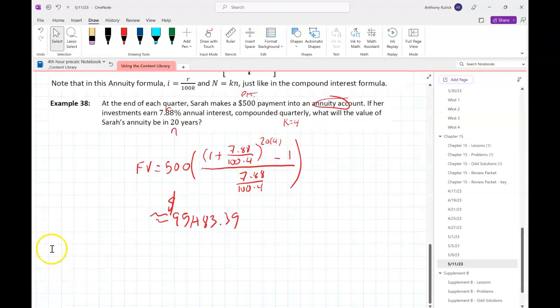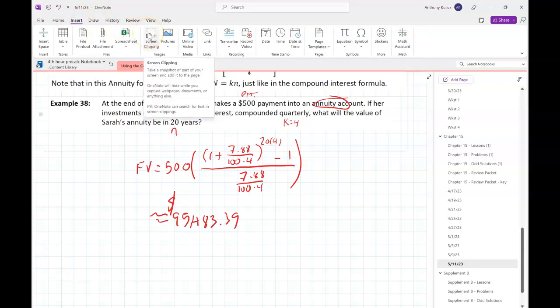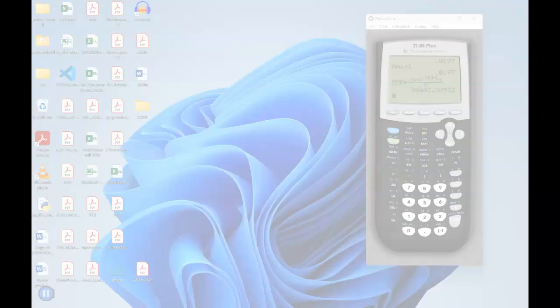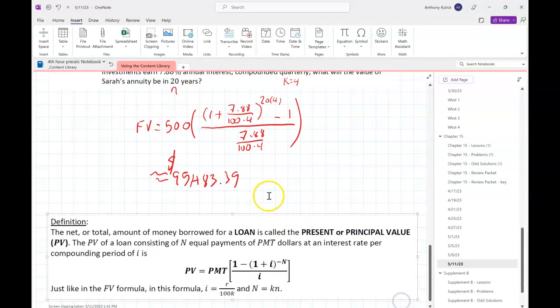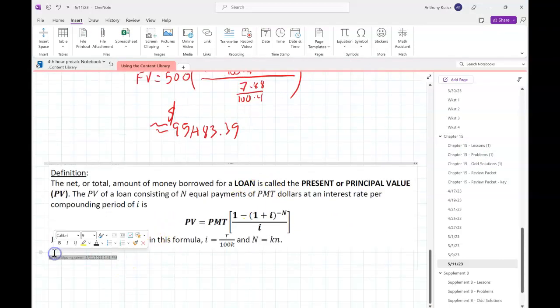The other way in which we might want to use an annuity is if we are borrowing money. We want to be able to calculate the monthly payment and then analyze what's going on with our loan. In that direction, we look at this equation where PV is the present value, basically the amount of money you're borrowing via loan.